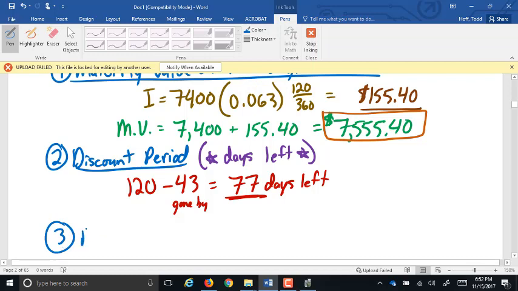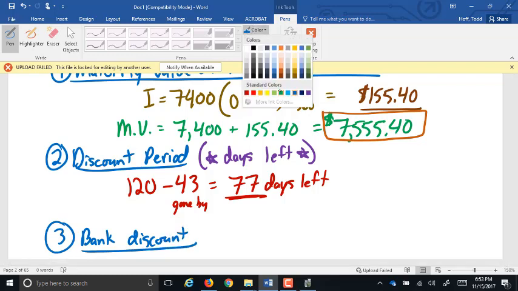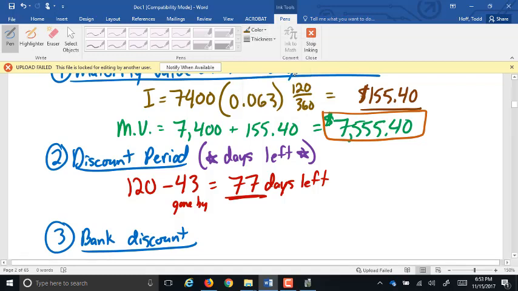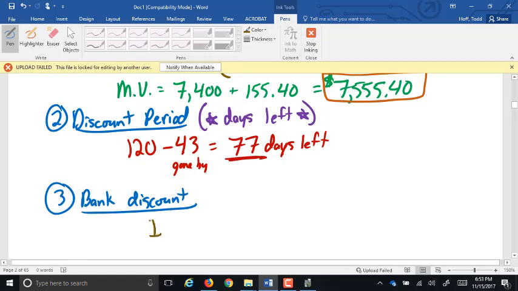Step 3, we will calculate the bank's discount. We will do that as I equals the principal we're going to use, that maturity value, 7,555.40.